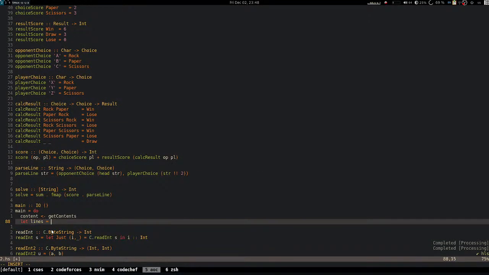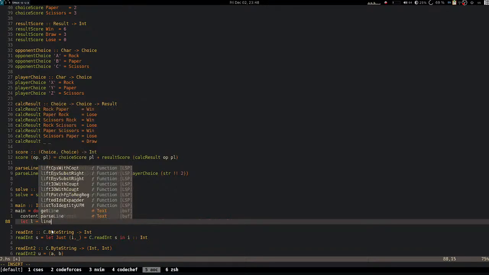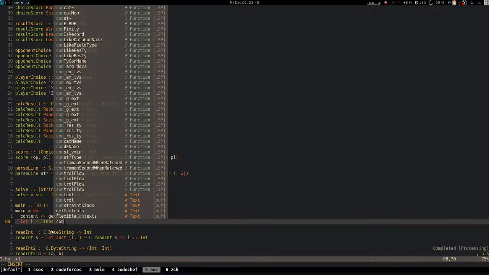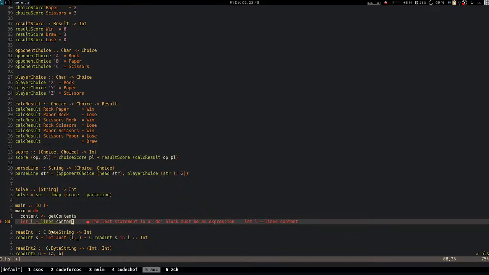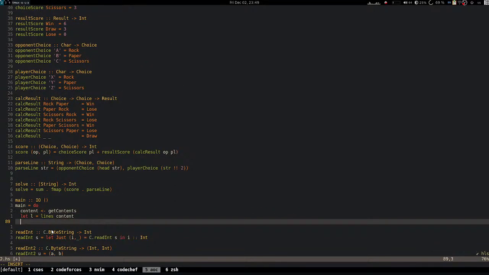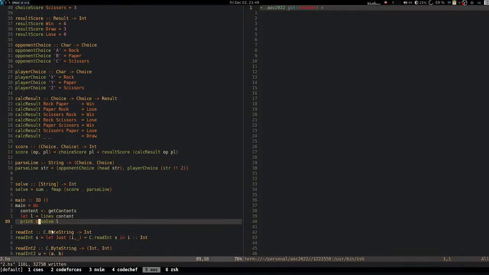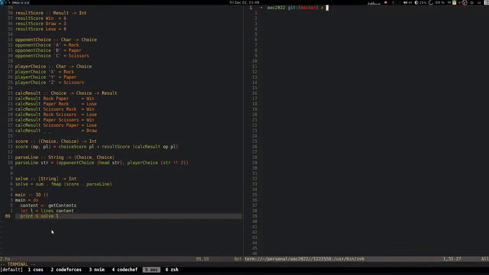Let lines equal to, or I can just go for L, lines of content. And the last thing is to solve for L, and I just need to print it, right? So this seems to do the work, and I just don't need to read anything else.